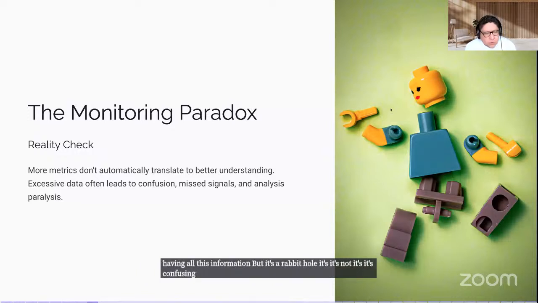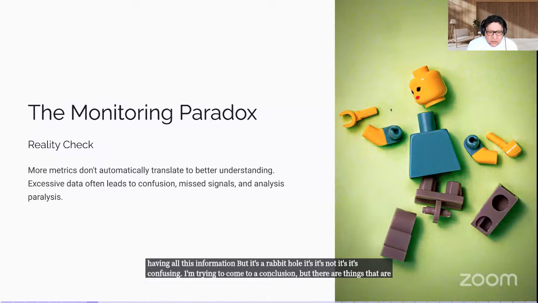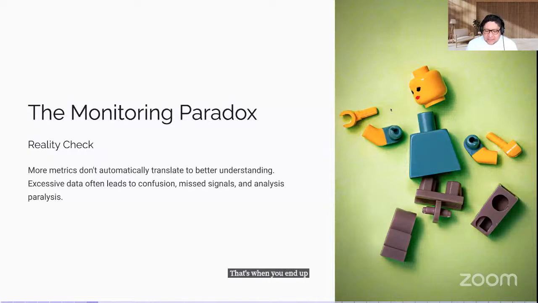I'm trying to come to a conclusion, but there are things that are contradicting each other. So that's when you end up in this analysis paralysis, and it's like, I don't know what's going on. I don't know where to start. I have this big problem. I'm not really sure why, right? So that's part of the paradox.